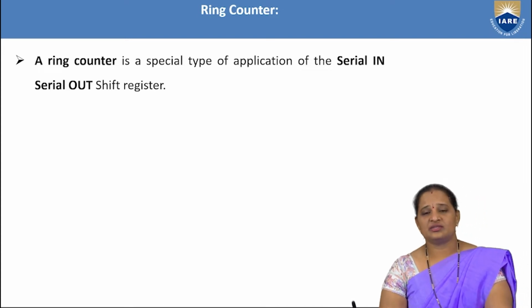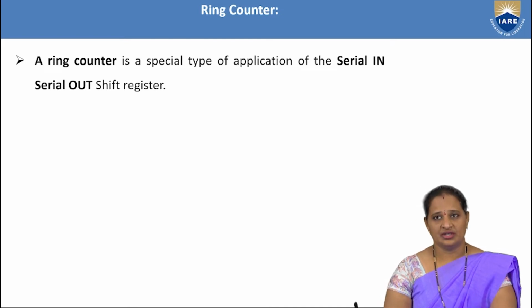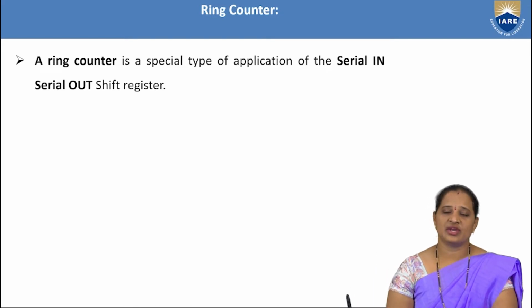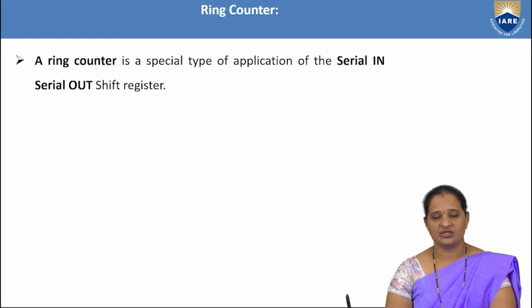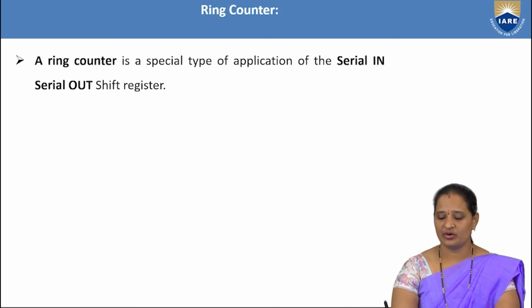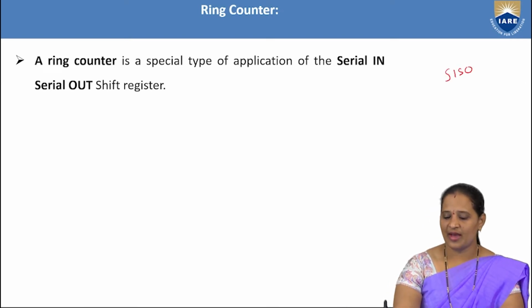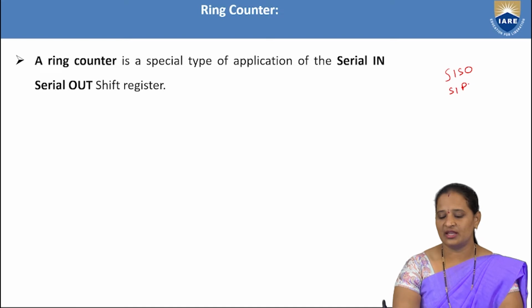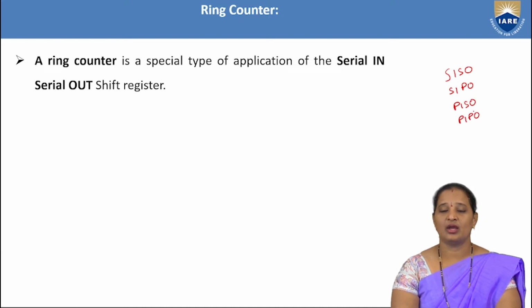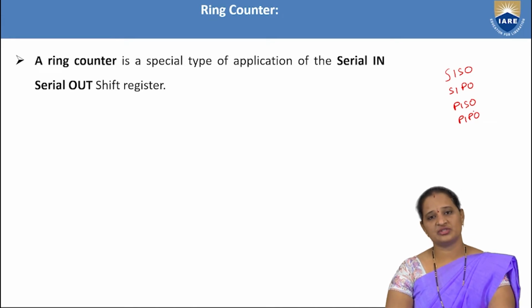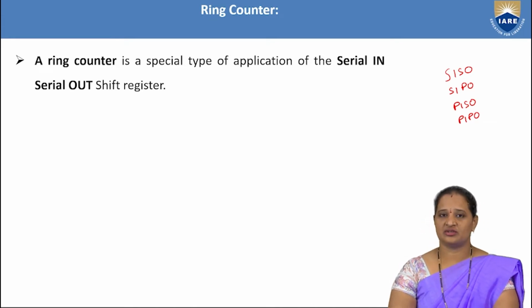A ring counter is a special type of application of the serial in, serial out shift register. Already we know that a shift register can be operated in various modes like serial in, serial out, serial in, parallel out, parallel in, serial out, and parallel in, parallel out, and also we can have bidirectional shift register and universal shift register.